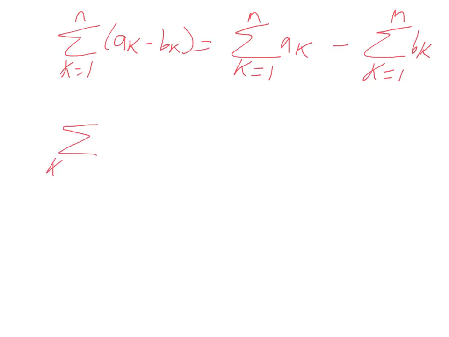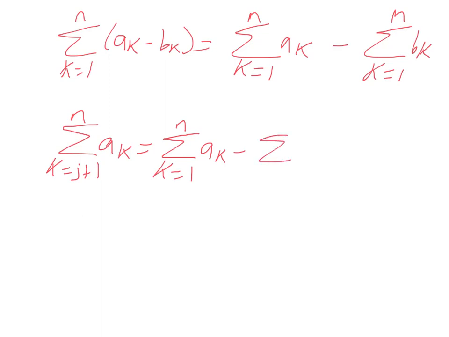Okay, and lastly, if we have k is equal to j plus 1, we talked about this just a second ago, of a sub k, that's equal to, you can break that apart into the sum from k equals 1 to n of a sub k minus the sum from k equals 1 to j of a sub k.